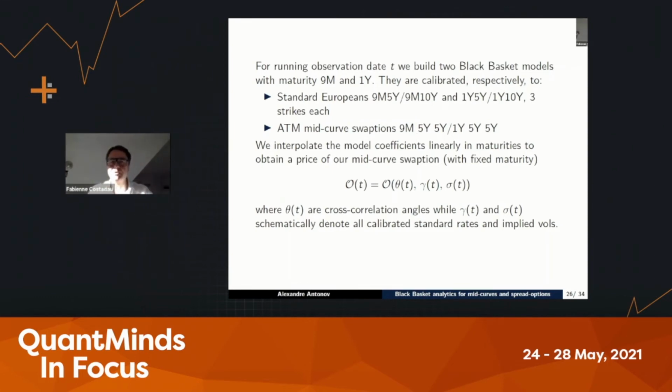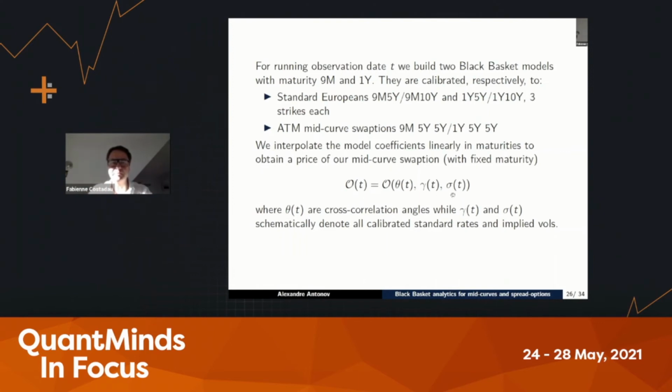So we interpolate the model coefficients linearly in maturities to obtain the price of our option as a function of these thetas. If you remember, these are the cross correlation angles. And gamma and sigma schematically denote all the calibrated standard deviations and implied vols.